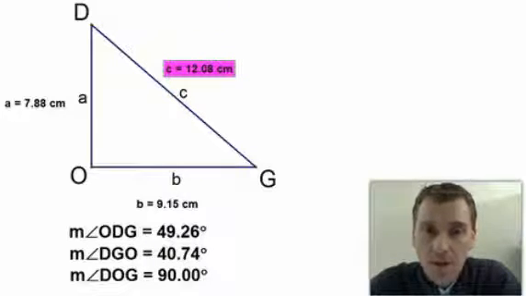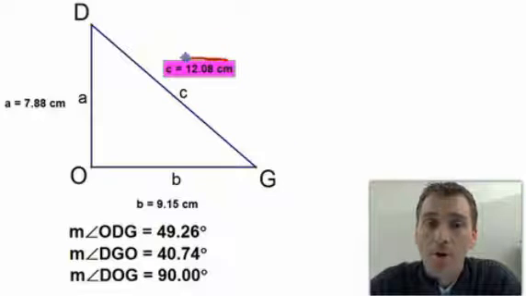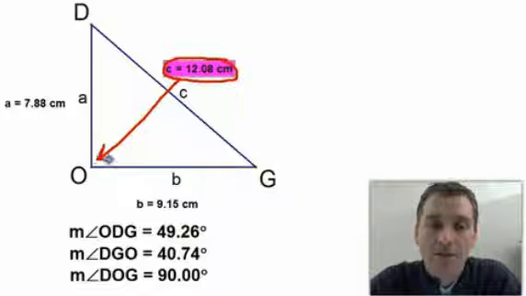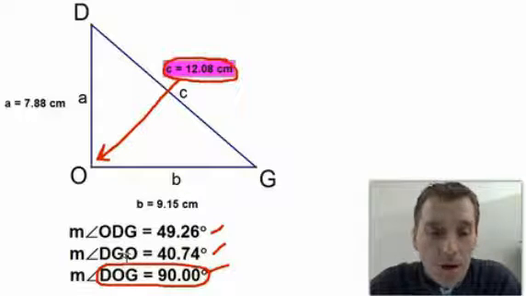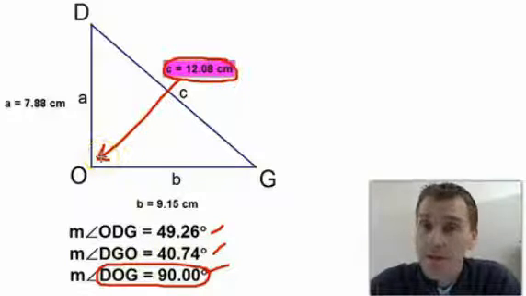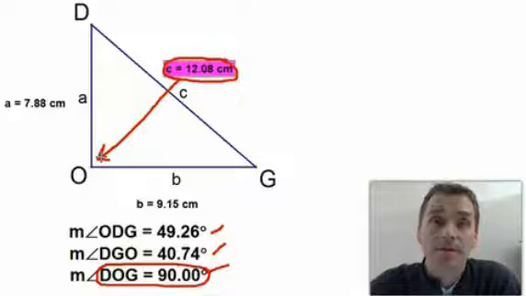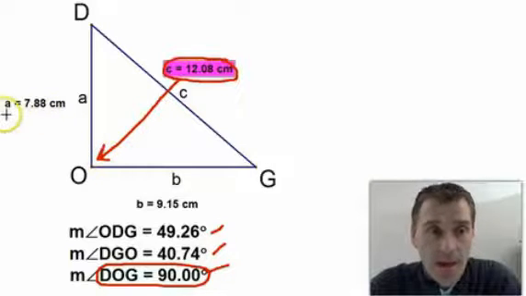What I want you to notice is that across from the longest side, comparing all three of these angles, angle DOG happens to be the bigger angle. That's not a coincidence, guys. That happens every time.